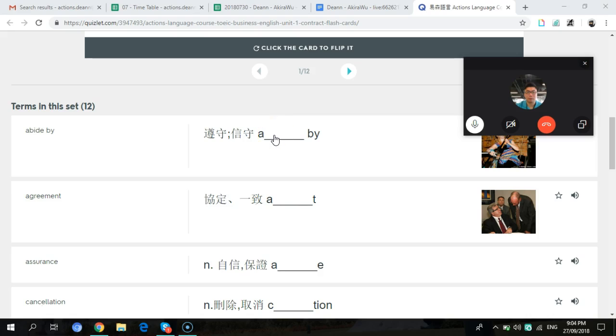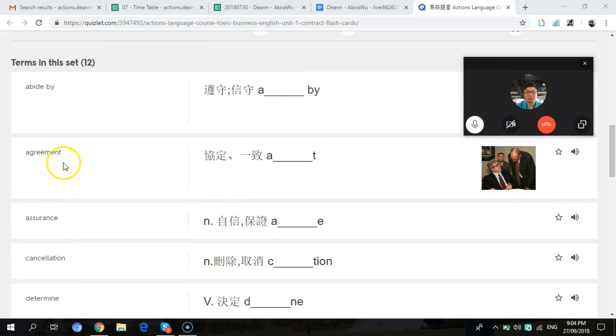The first one, abide by. This one is the Chinese meaning of the word abide by. Next one is agreement. This is the Chinese meaning of those words here.